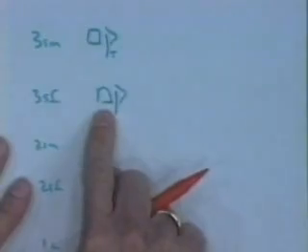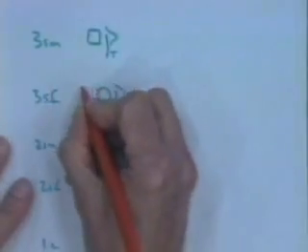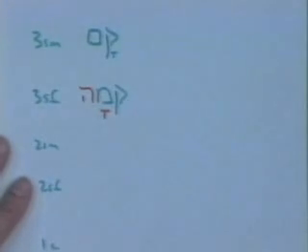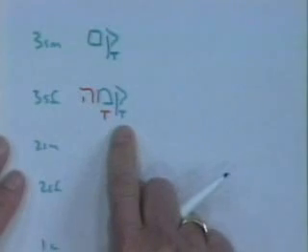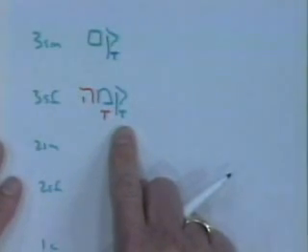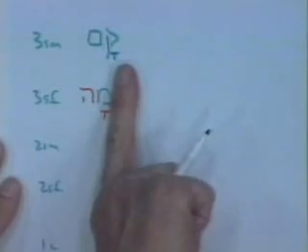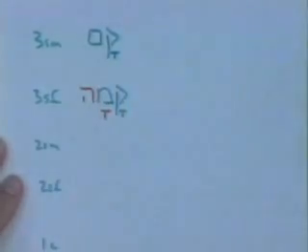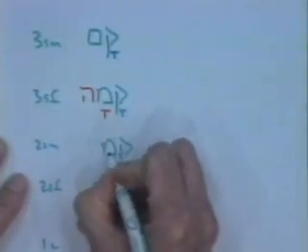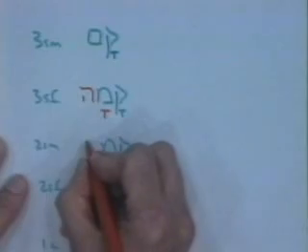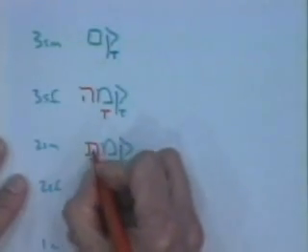We're going to take the qam, now I've got to change this to a medial mem, but big deal, and I'm going to add a qamets a. Well, duh. No tricks here. What about this vowel? It was qamets. Is there any reason to change it from qamets? No. Open syllable. The mem is now being used to start the next syllable, but this is an open syllable, should have a long vowel. What would you anticipate the second person singular masculine being? Ta.